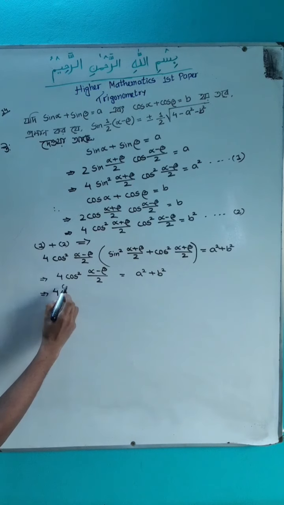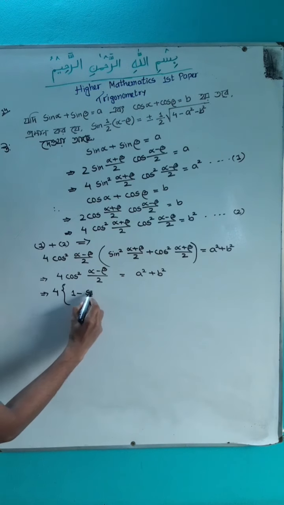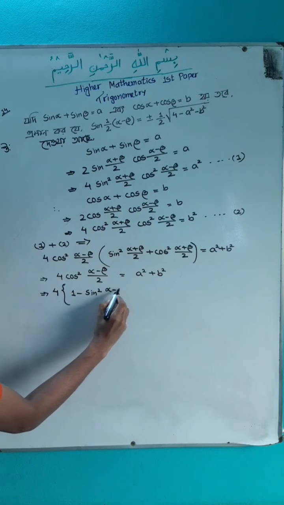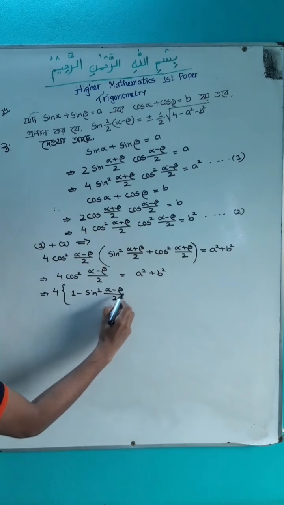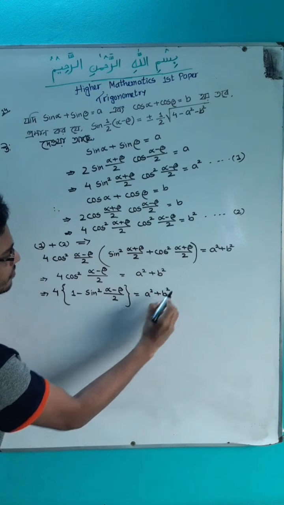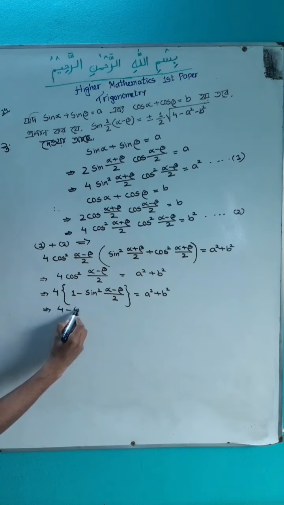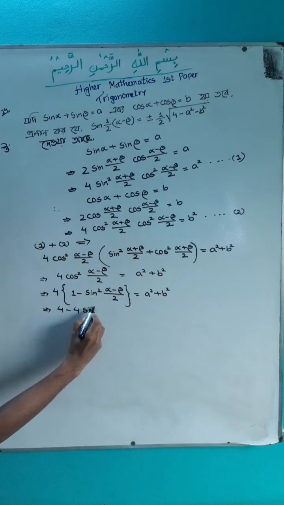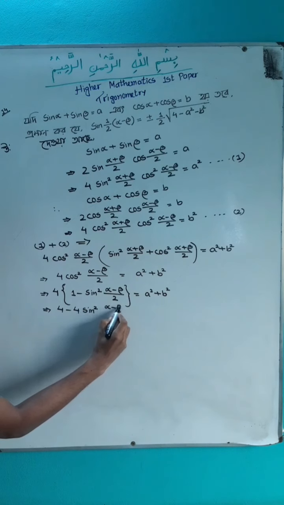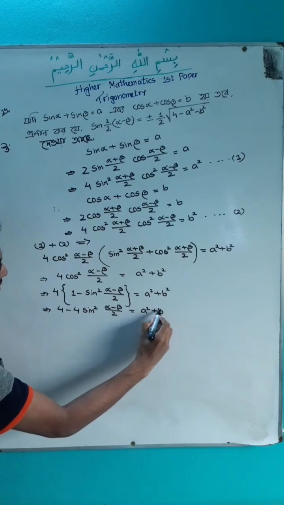We can write 4 times (1 minus sin square (alpha minus beta) divided by 2) equals A square plus B square. If we multiply these terms, we get 4 minus 4 sin square (alpha minus beta) divided by 2 equals A square plus B square.